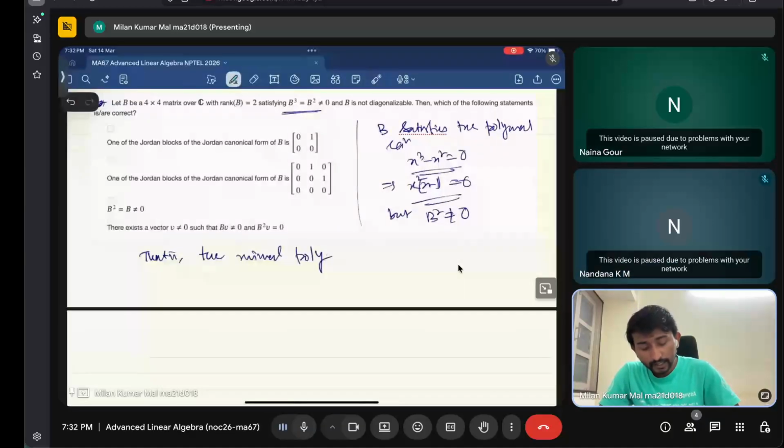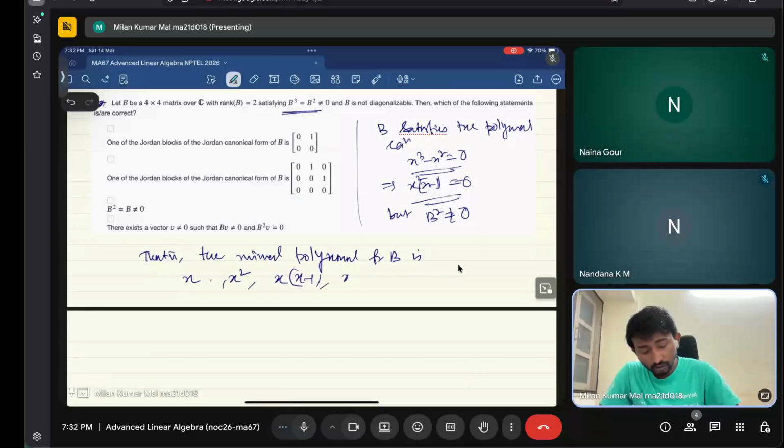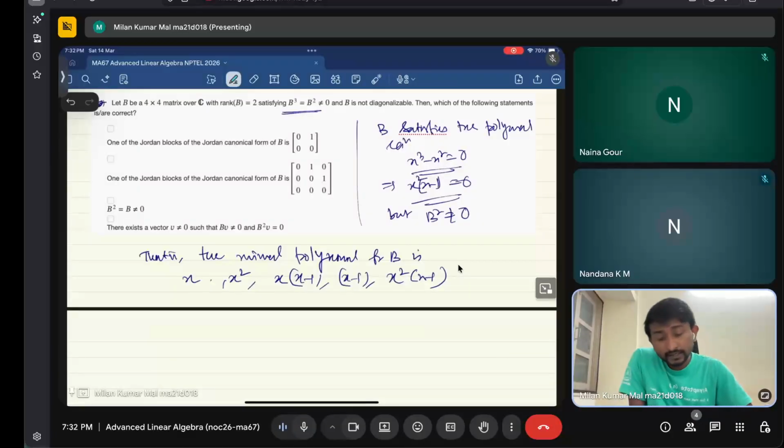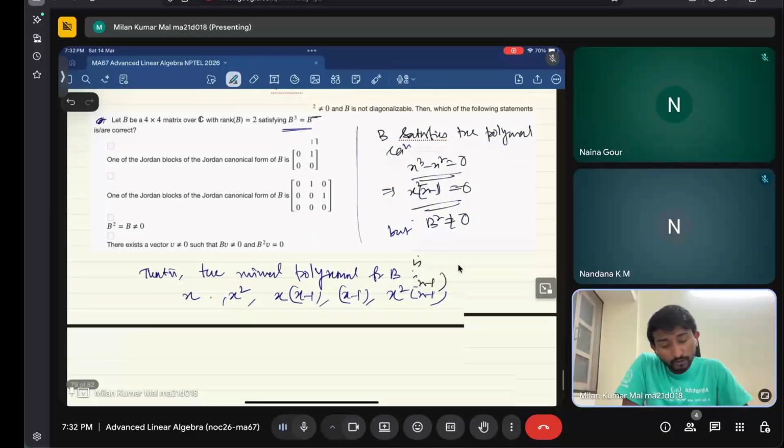It is either x, or x squared, or x into x minus 1, or x minus 1, or x squared into x minus 1. These are the five choices. But here it says that B squared is not equal to 0. That means this is not an option. But if B squared is not equal to 0, then B can't be 0. So this is also not an option. So these are the options left.